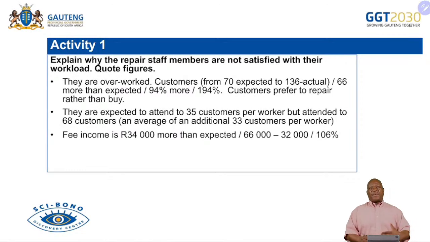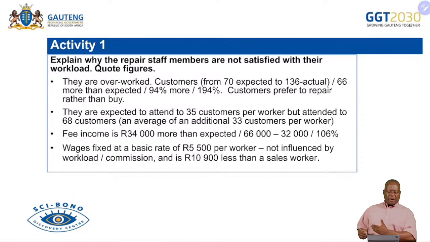So if their fee income is going more than double, why are we still paying them 11,000 per month for both of them? So it therefore means they are getting a fixed rate per week, 5,500. They should be getting more when their fee income increases, when they see more customers. So I think it is being unfair to them in all respects.